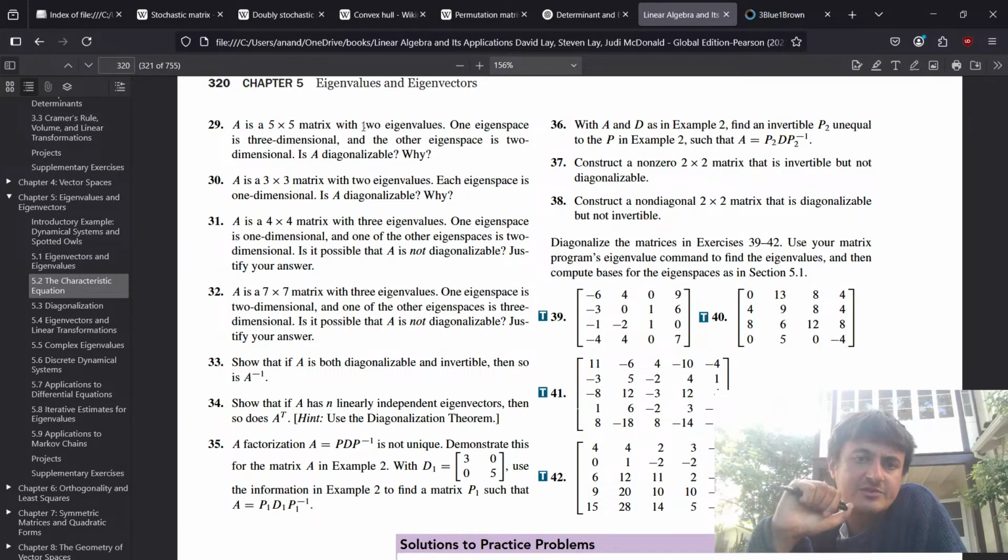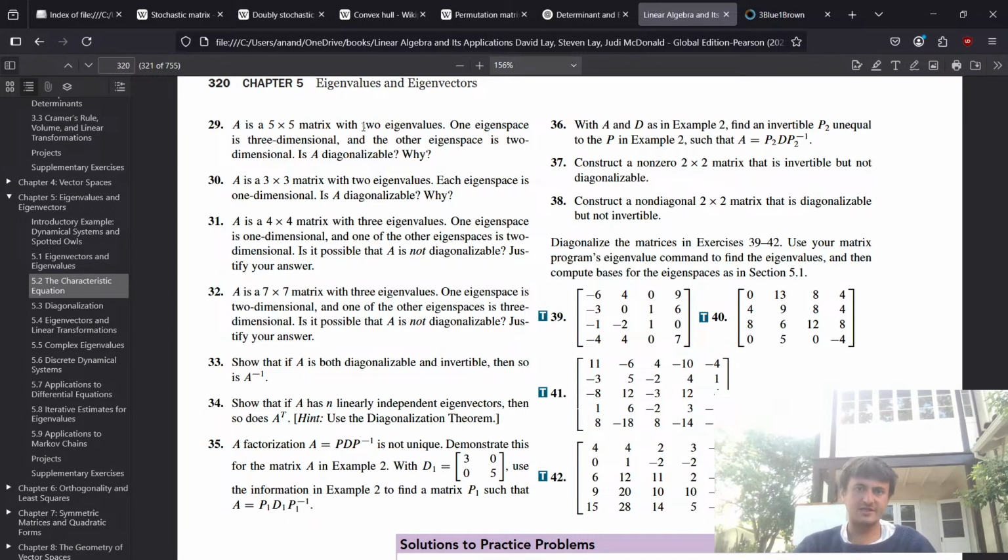If A is a 5 by 5 matrix with 2 eigenvalues, one eigenspace is 3-dimensional and the other is 2, is A diagonalizable? Is it possible there's overlap is my question. We need an example. Is it possible that there's overlap?